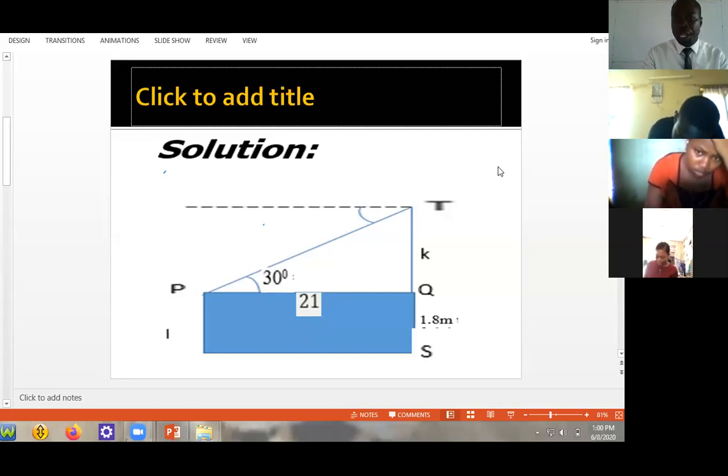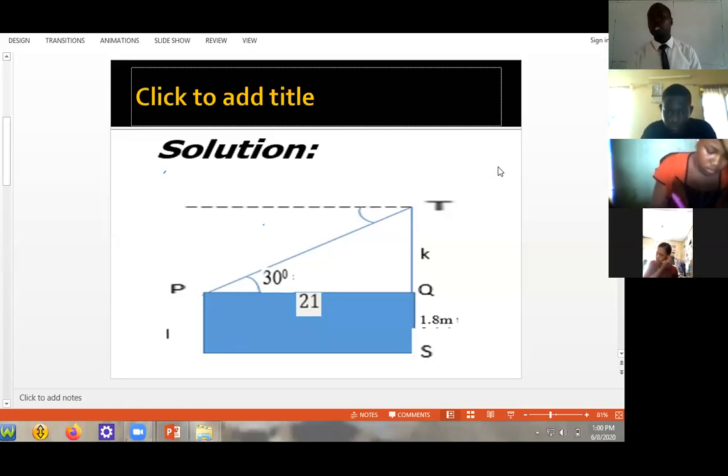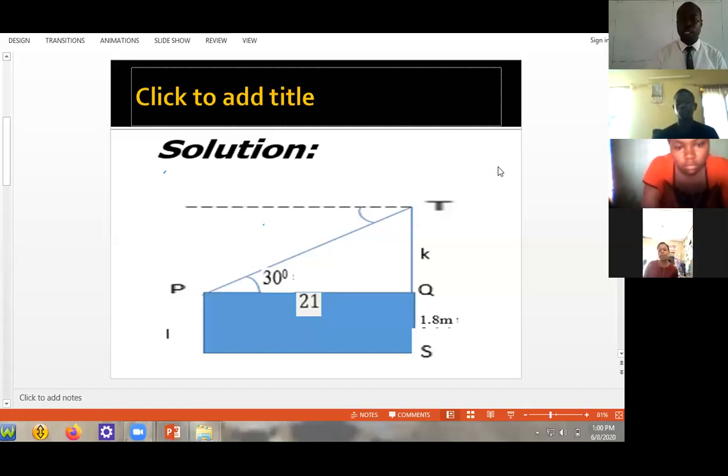The height of the tree is TS. But the height of the man is LP, which is the same thing as SQ, which is 1.8 meters. The angle of elevation is 30 degrees, and the distance between the man and the tree is 21 meters.